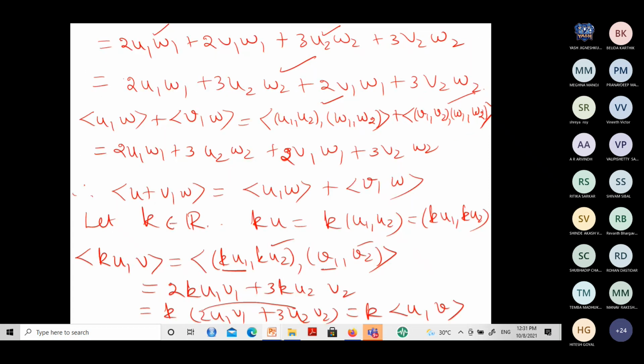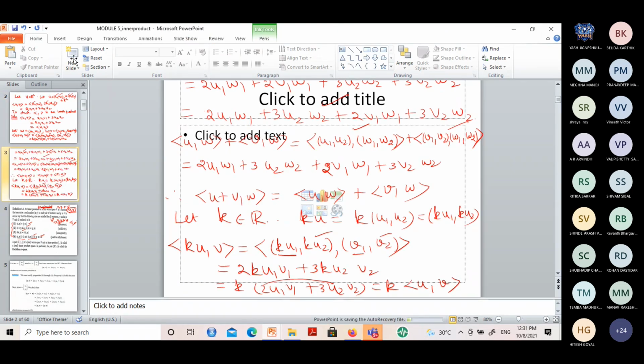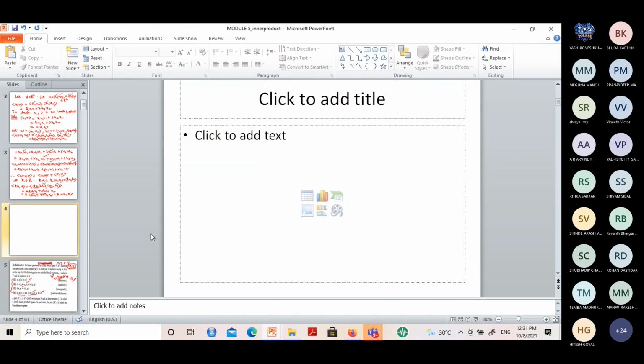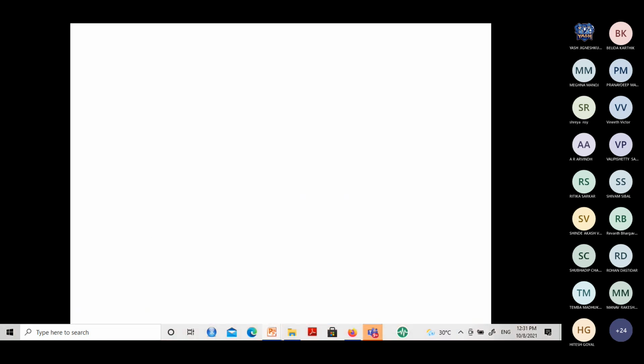So we need to check the fourth one. Inner product of U comma U, identify. That is inner product of U1 U2 comma U1 U2.